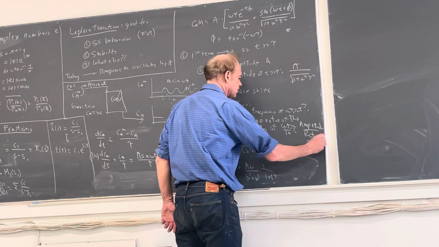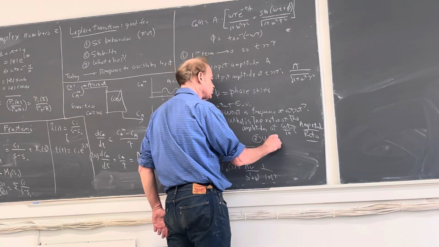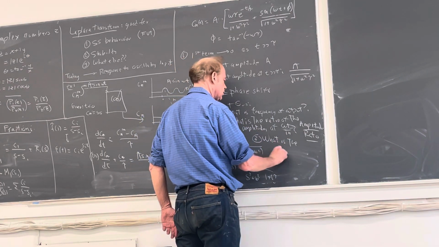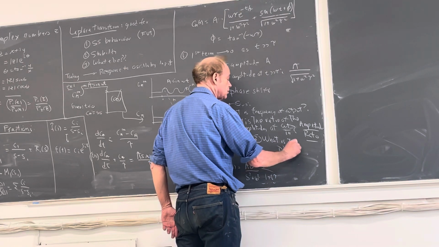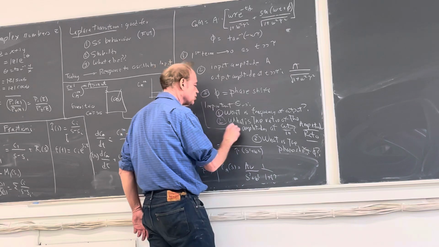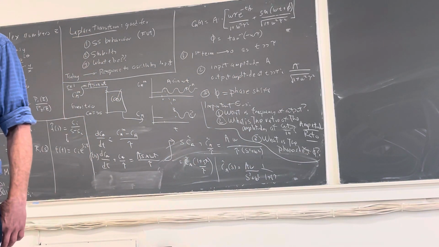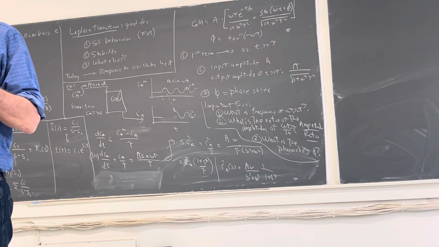I have that already. And 3, what is the phase shift? So those are the 3 questions that I need to know the answer to. Those are the things I really want to know.